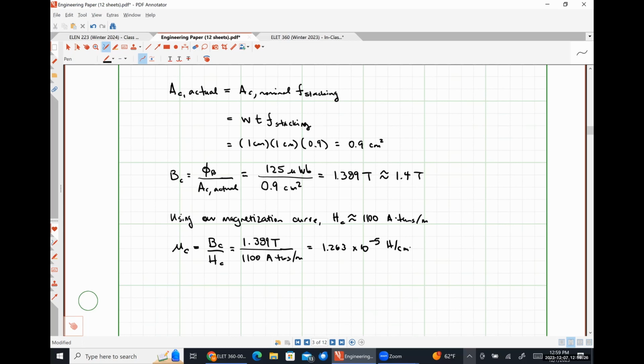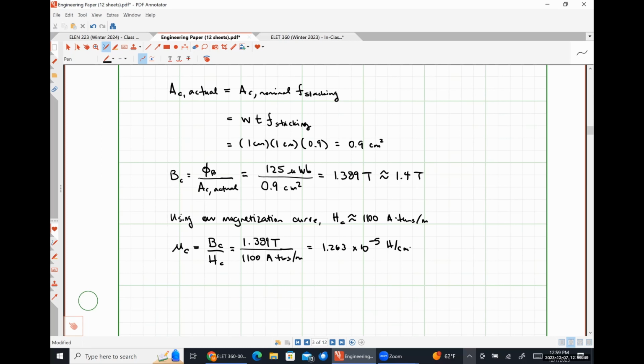And now effectively, this problem is just like any other problem that we've worked to this point. It's just a simple magnetic circuit. We know what our core permeability is. We know what our cross-sectional area is. We know what all our dimensions are and all that kind of good stuff. And so now we're just trying to solve for MMF. Okay. So that's how we incorporate real materials and how they behave into the magnetic circuits that we've been dealing with. Right.